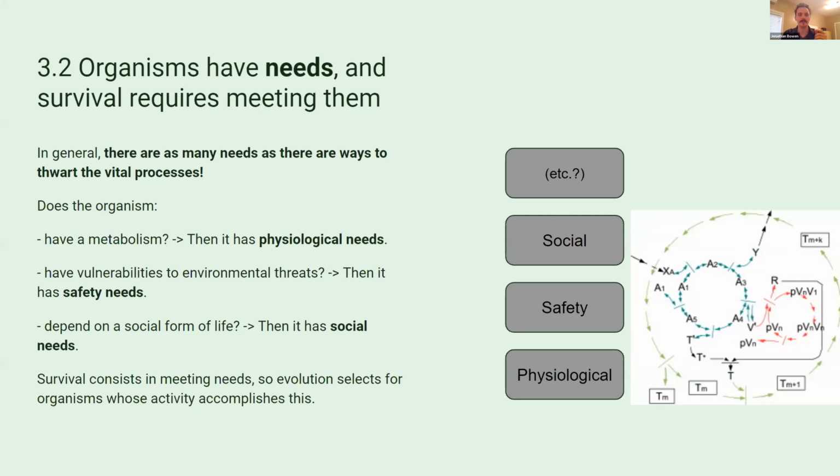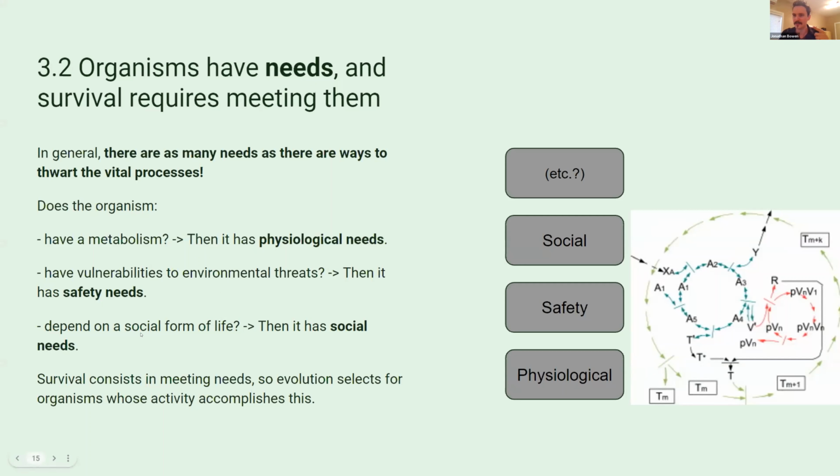So for instance, does the organism have a metabolism? Yes. Then it has physiological needs. Is the organism vulnerable to environmental threats? Yes. Well, then it has safety needs. There are conditions that are safe and there are conditions that are dangerous.